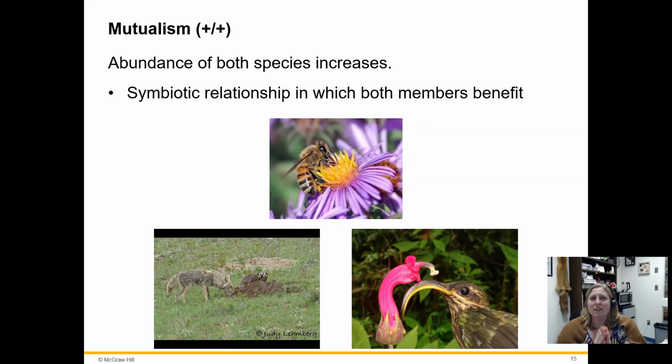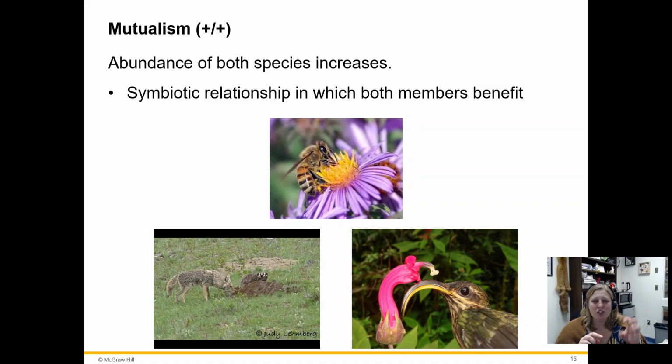Badgers are not fast. They can dig really well, and coyotes are fast. So coyotes will help the badgers find the prairie dogs. The badgers will start digging at one of the entrances. Prairie dogs have multiple holes that exit their tunnels. Coyotes will watch. So the prairie dogs go to the back door to get away from the badger coming in the front door, and there's a coyote there to eat it.